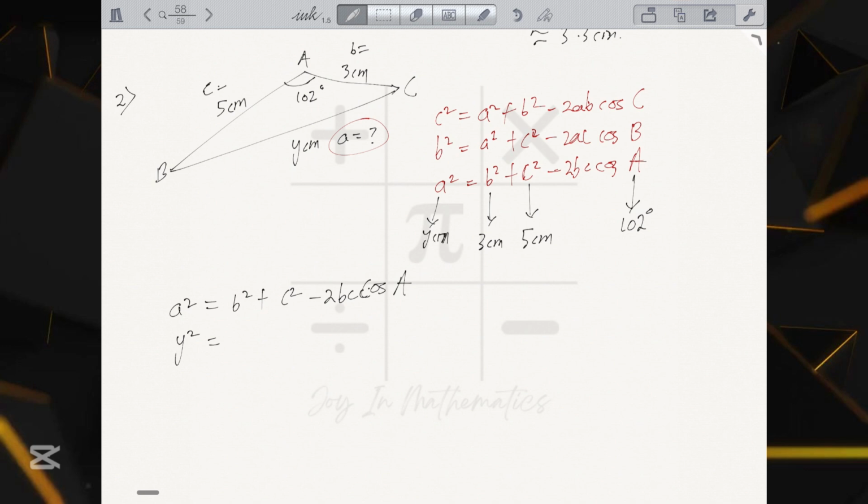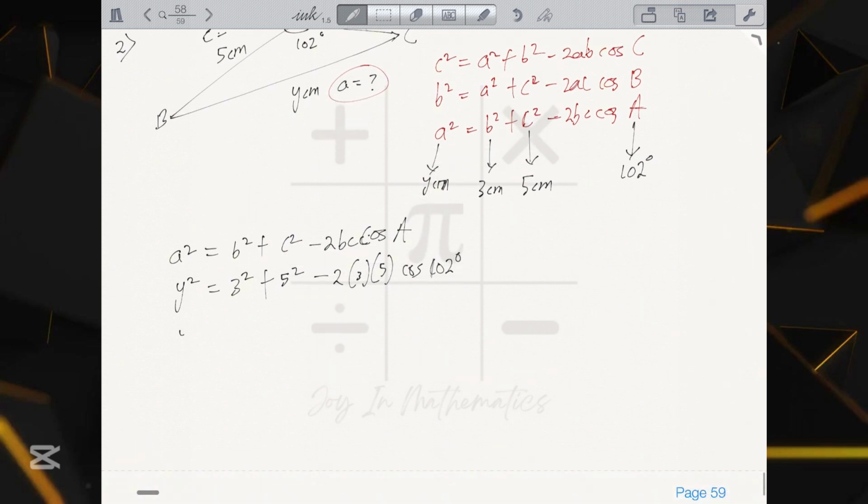Our B is 3 squared and our C is 5 squared minus 2 into 3 into 5 cosine 102 degrees. So let's simplify further. 3 squared is 9, 5 squared is 25, and this would give us 2 by 3 by 5, which is 30, cos 102 degrees.